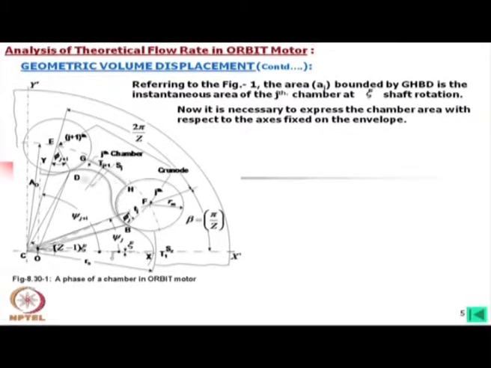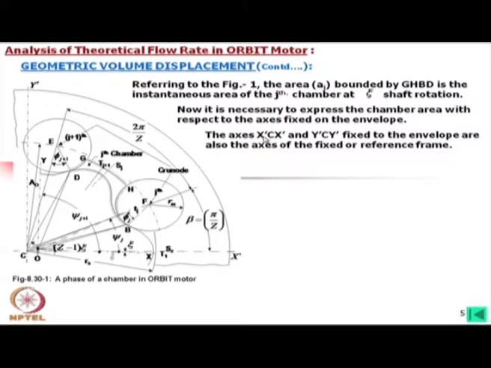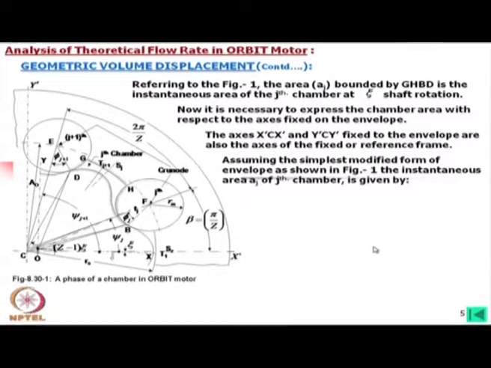We will find this area considering the fixed axis fixed to the envelope, or the ring. The axes x c x dash and y c y dash fixed on the envelope are also the axes of the fixed reference frame. That means this is fixed, so we will transform all coordinates with respect to this to estimate this area.